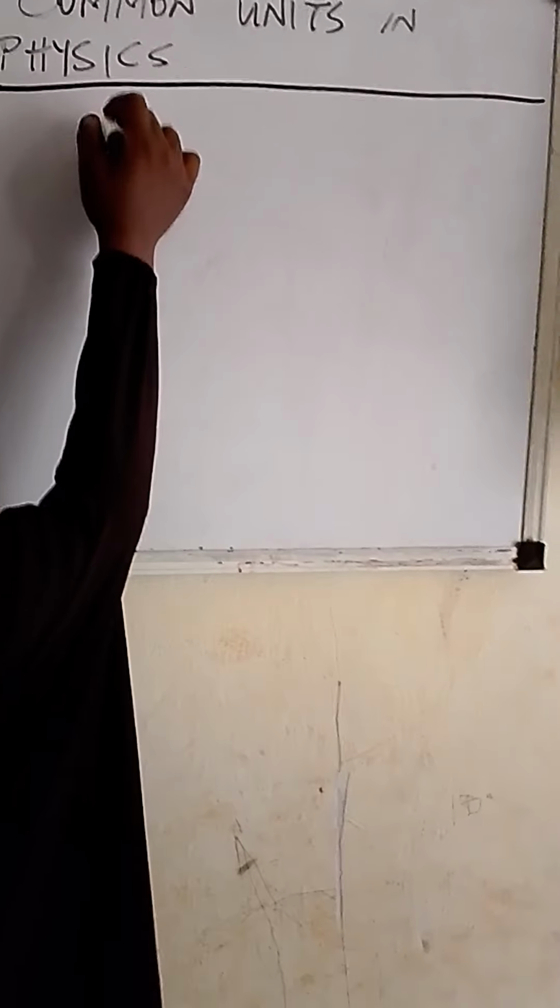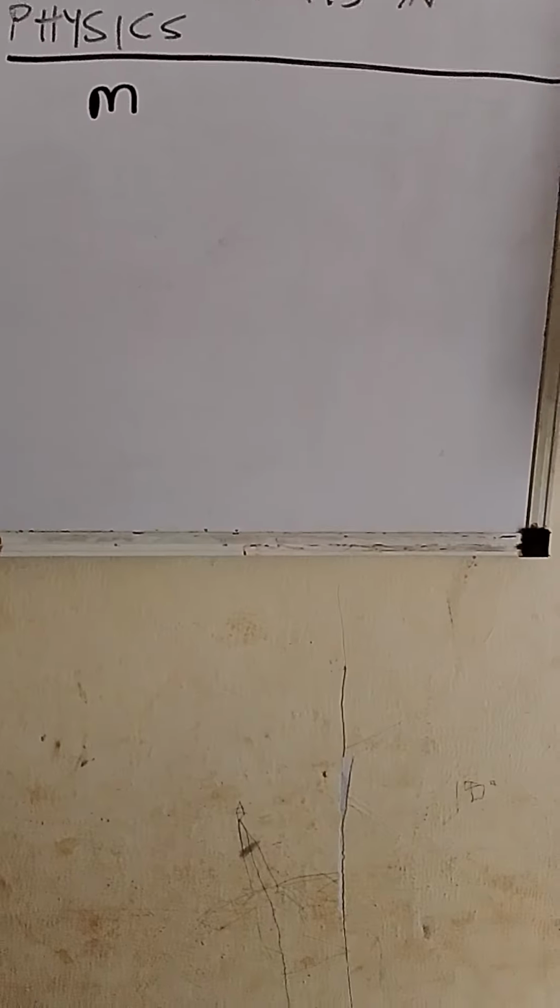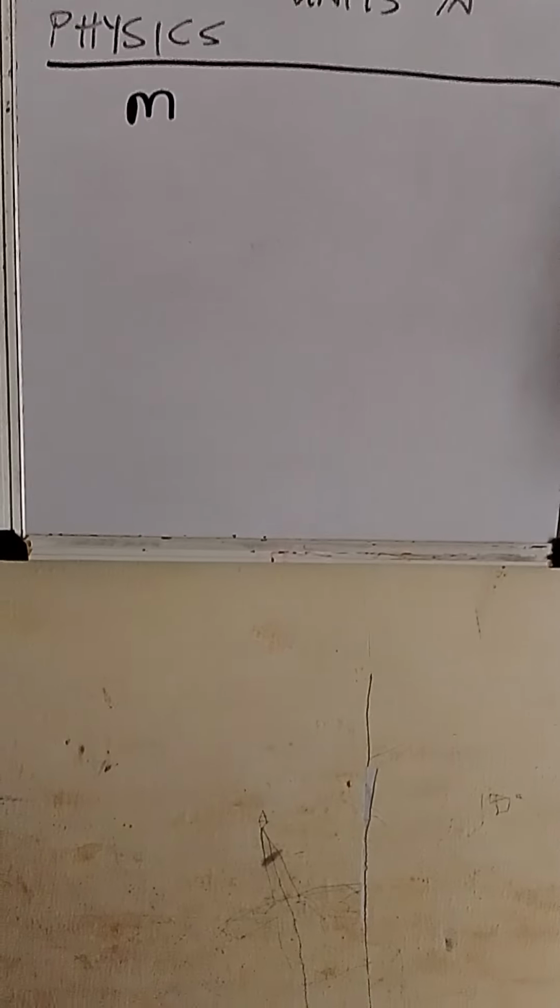One of the most common units that you come across in physics questions is m. You see a value and then you see m written at the back of it.